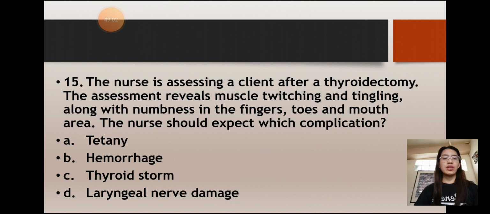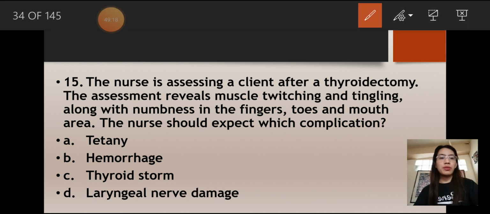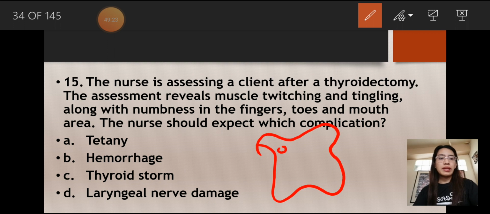So, itong mga nakalistang options, these are potential complications of thyroidectomy. Pwedeng magkaroon ng tetany kasi maaaring tamaan si parathyroid. Remember, anatomically, nandun lang siya sa gilid, 'di ba? So, yung ating parathyroid, ayan yung ating thyroid, may maliliit na gland dyan, yan yung parathyroid.